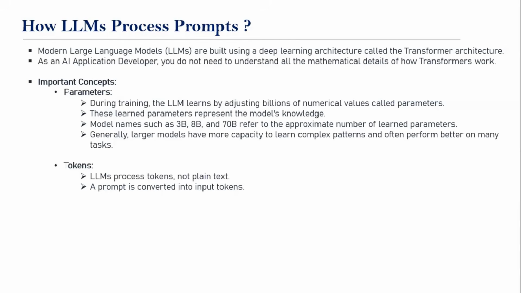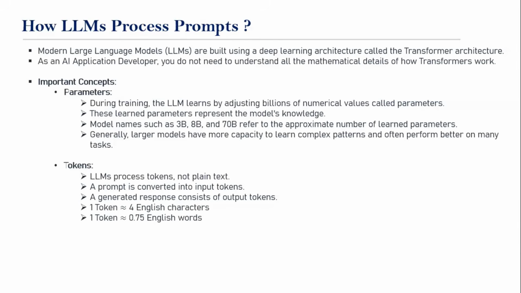And the LLM works on input tokens and generates output in terms of tokens only. Don't worry, we will see this with a simple diagram so that you will get more clarity. And before that, see here, one token is nothing but approximately 4 English characters, or one token is nothing but 0.75 English words. Now let me explain how LLMs process prompts with a simple diagram.